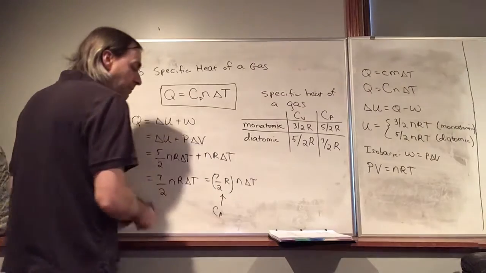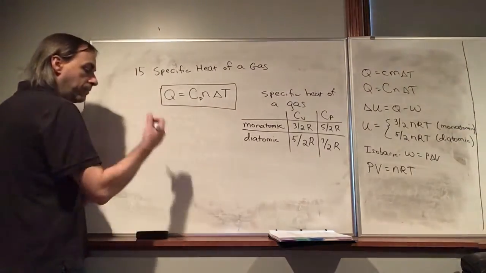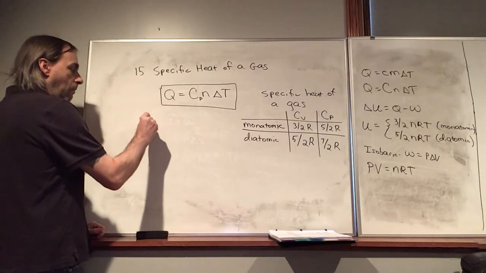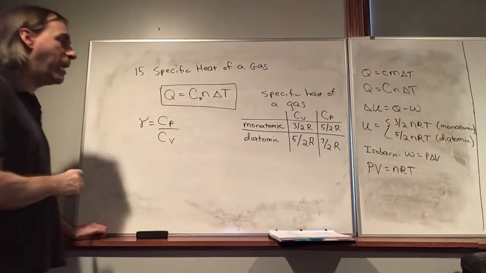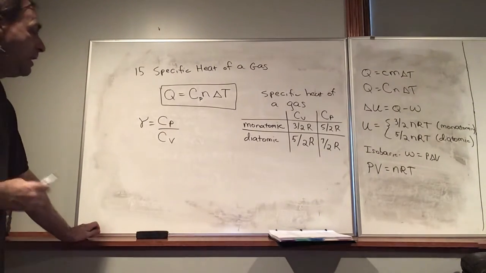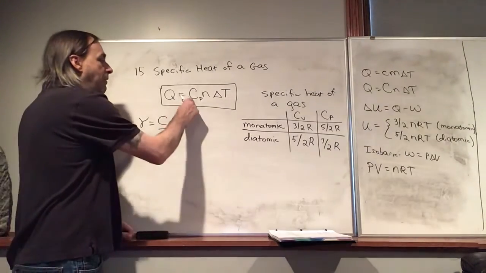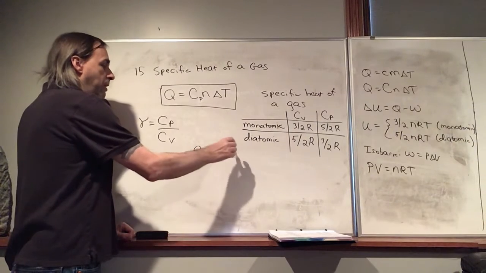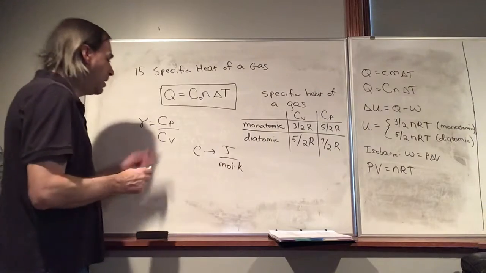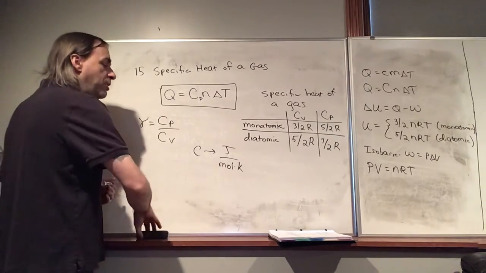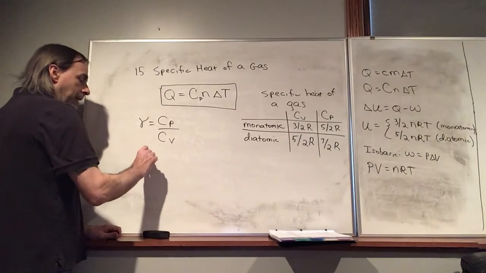But I wanted to define something else. We define this number gamma as the ratio Cp over Cv. The specific heat of a gas has units of joules over moles times Kelvin, but they have the same unit, so gamma is just a number, and it depends on what type of gas. Let's say we have a monatomic gas.